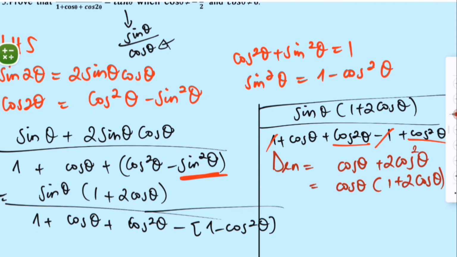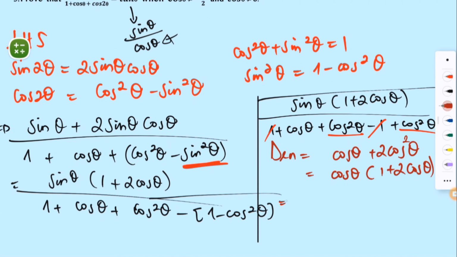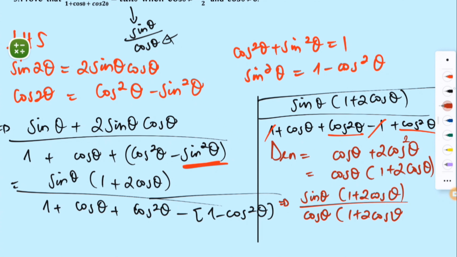Sorry, you must have noticed I'm using parentheses interchangeably with brackets. They all mean the same thing. Okay, there we go. We have the factored form. Now we can substitute back into the original equation. So that would be sine theta into 1 plus 2 cos theta over cos theta into 1 plus 2 cos theta.